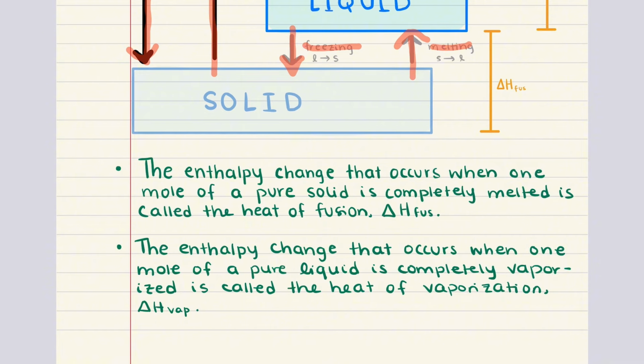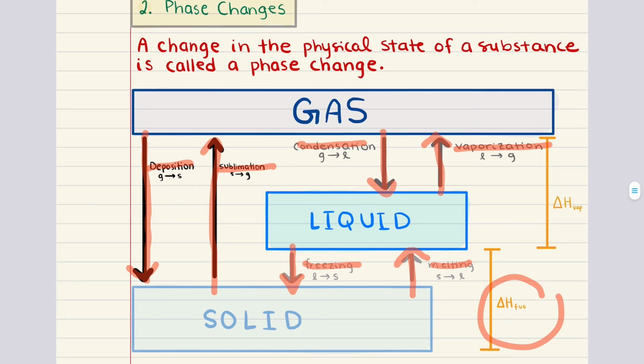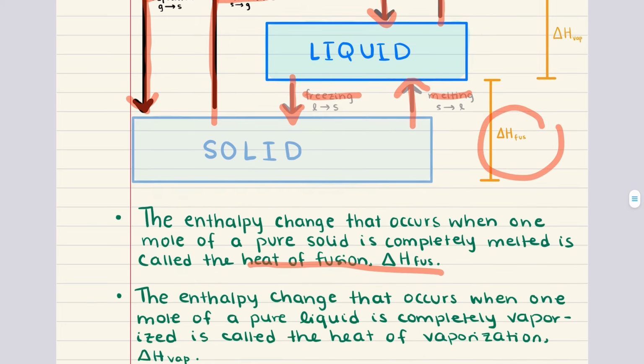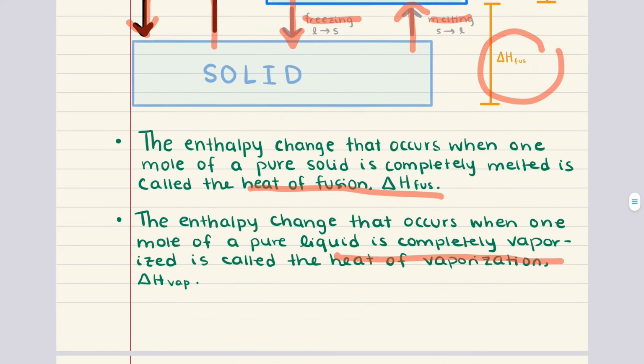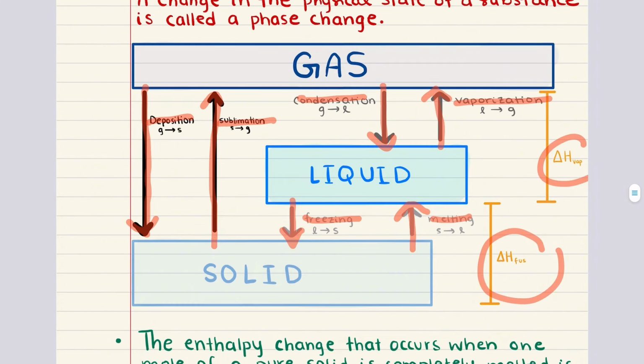So, for example, the heat of fusion is the enthalpy change that's associated with the melting of a solid. And the heat of vaporization is the enthalpy change that's required to convert a liquid into a gas.